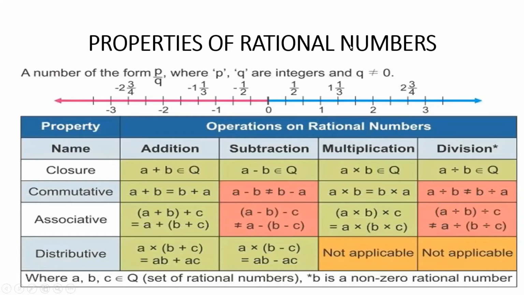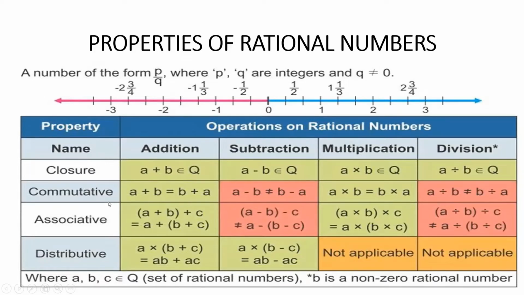Properties of rational numbers: closure property, commutative property, associative property and distributive property. Closure property is true for addition, subtraction, multiplication and division of rational numbers.